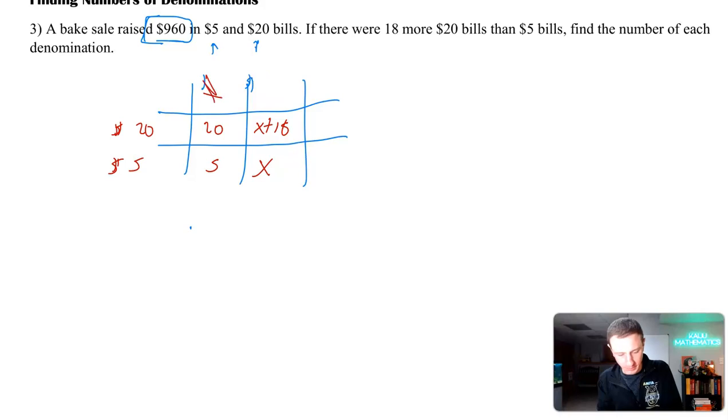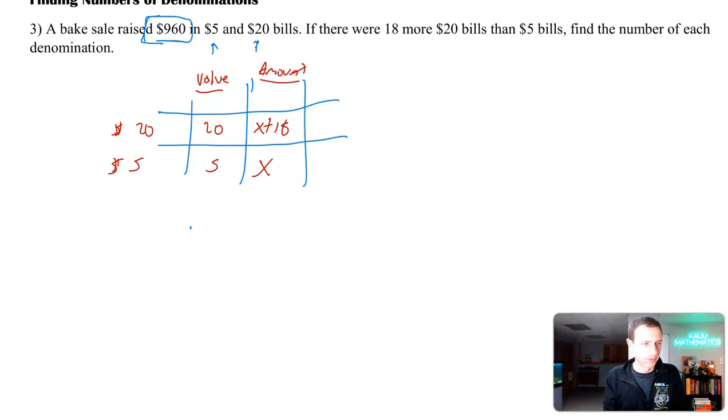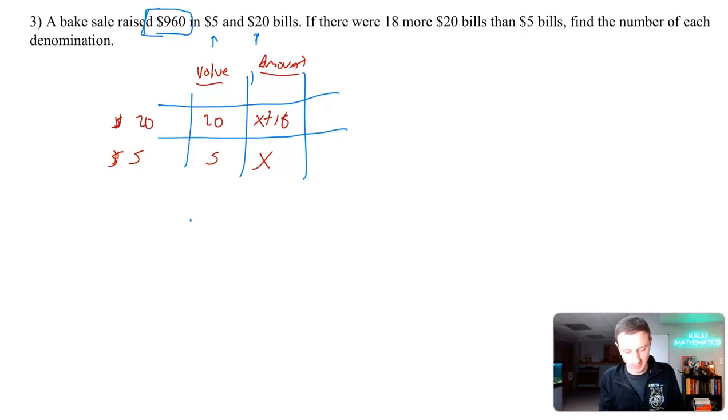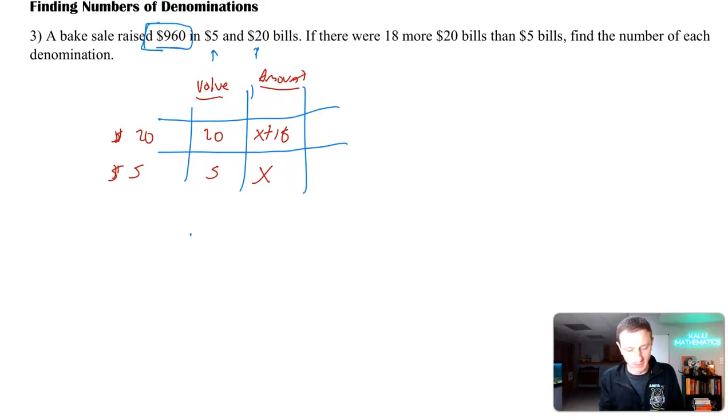Why did I label that? This is the amount of bills. Value. And this is the amount. Okay. So the value, how much that bill is worth, and then the amount of them.